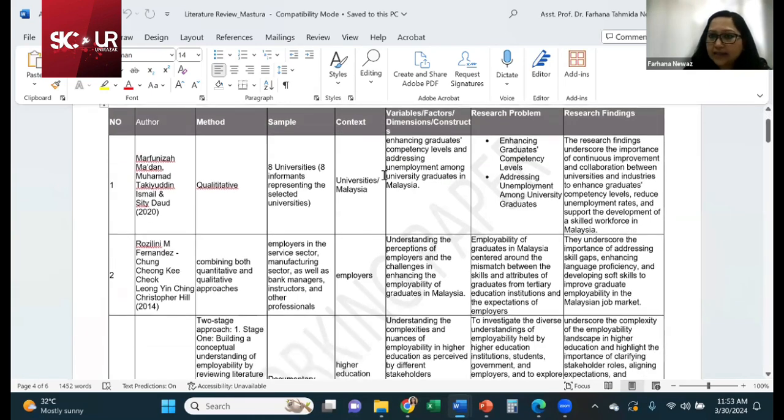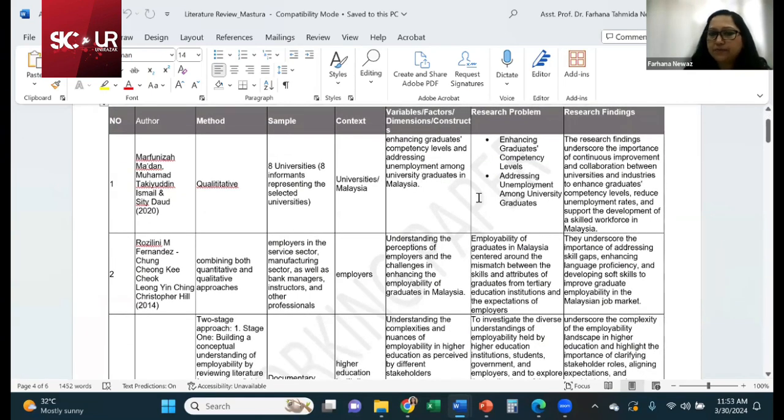Okay, so at this moment, the first step before you go for developing the conceptual model, you need to consider this column, the variables, factors, dimensions, and constructs column, right? From there, I can see what variables you can consider for your case. I think he has done it wrong here, but all these are actually the variables.